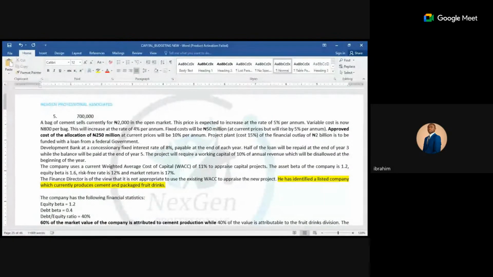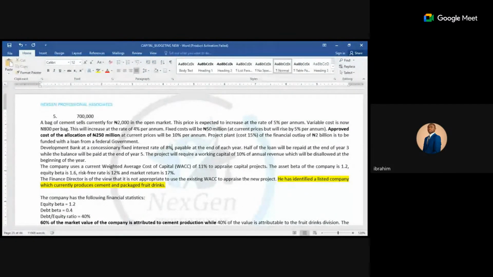Don't forget that we usually have a bank loan, or convertible debt, where you will have interest rates beside the convertible debt in the financial statement. That interest attached to it is the cost of debt. Now, we're not given the financial statement, but it was stated that they borrowed from the development bank at a concessionary fixed interest rate of 8%, which they have to pay back.